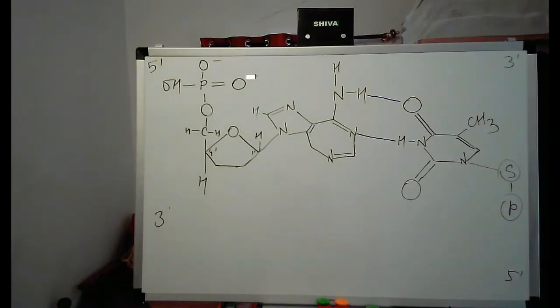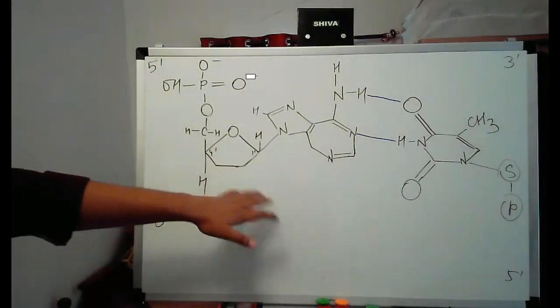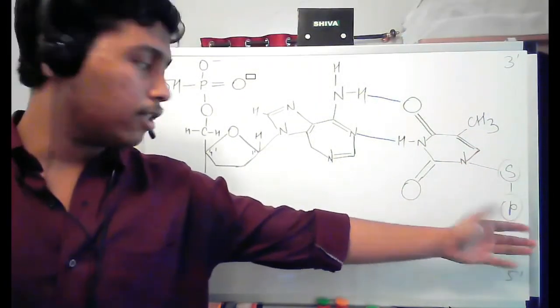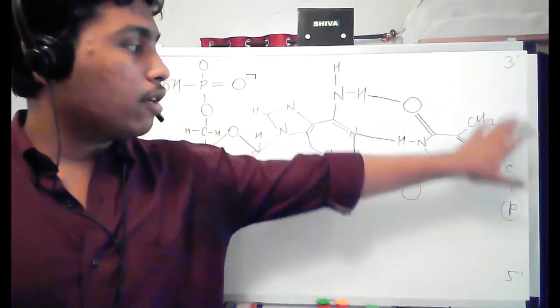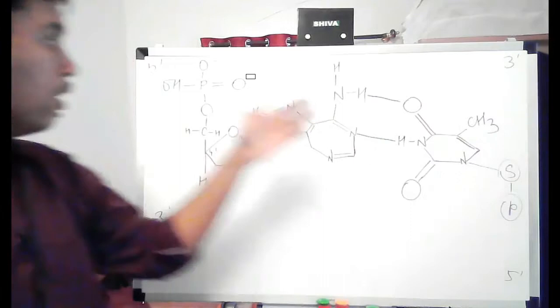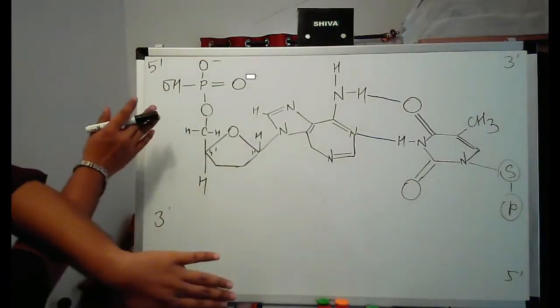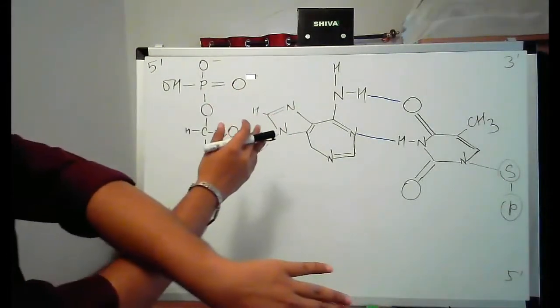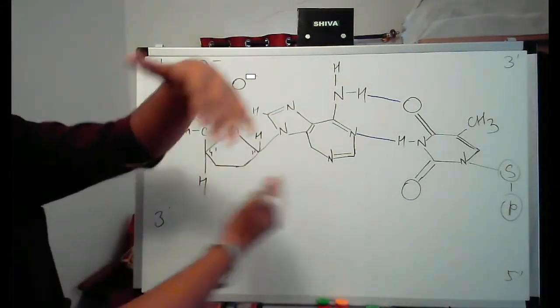This is what is happening. This is adenine. I didn't draw the sugar and phosphate over here because I didn't have space. Right now this is the 3' end of the sugar, this is the 5' end, so this is inverted, and it has been inverted laterally too.